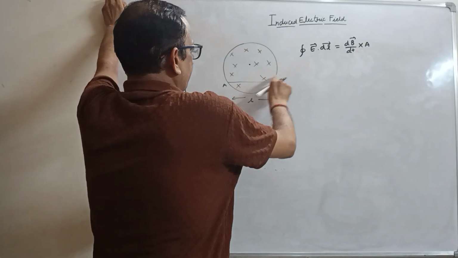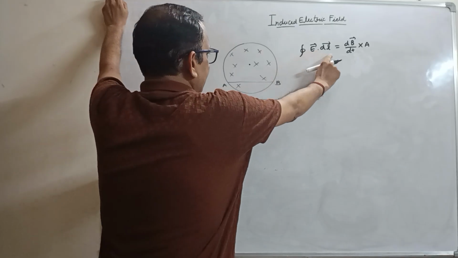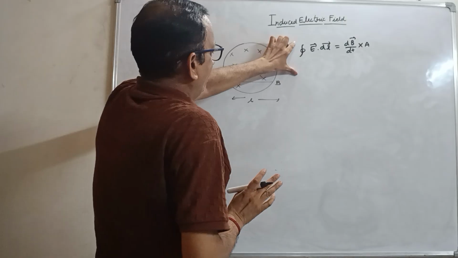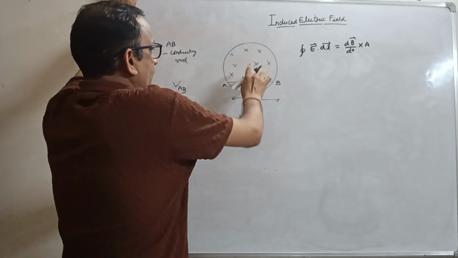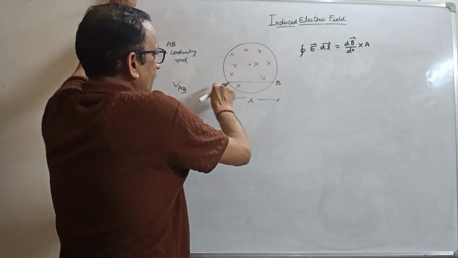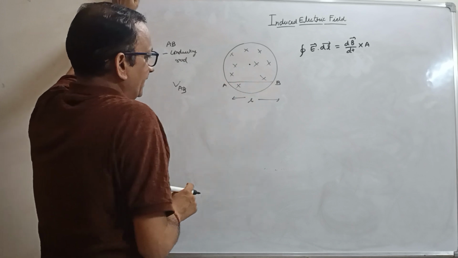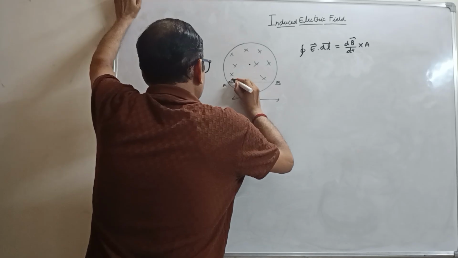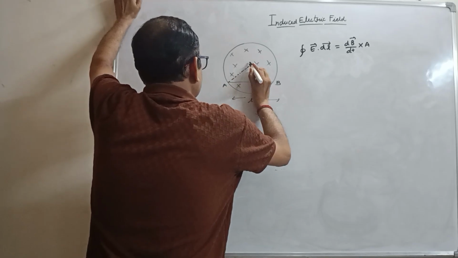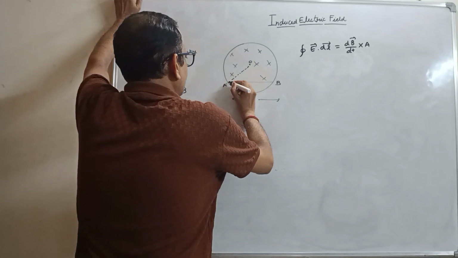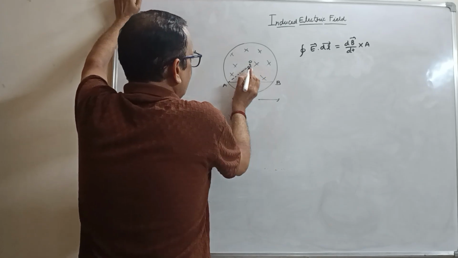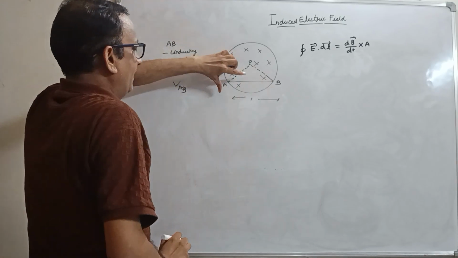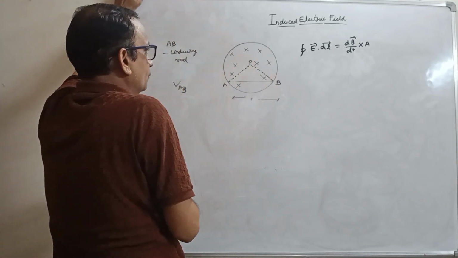We find potential only when the loop is closed. Here the loop is not closed, so we form a closed loop here. Let this point be O, and connect A and O and B. So OAB forms a closed loop.